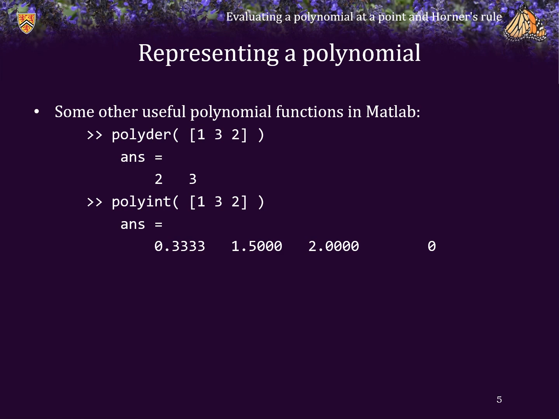Polyint integrates the polynomial represented by the vector, and in this case returns a 4-dimensional vector, which is a third x cubed plus 1.5x squared plus 2 times x plus a 0 constant, and you are of course welcome to change that constant to whatever you want.